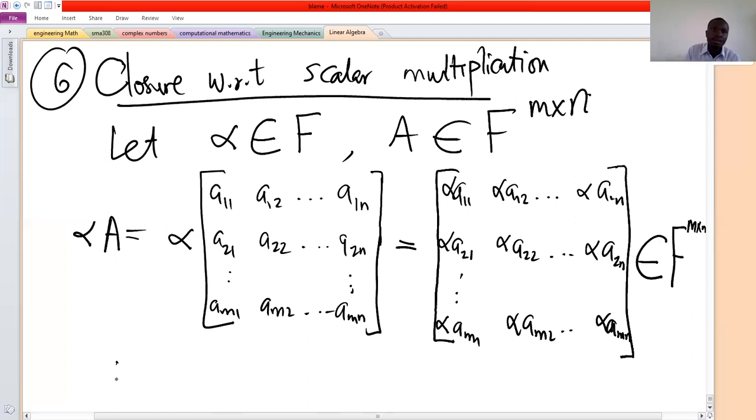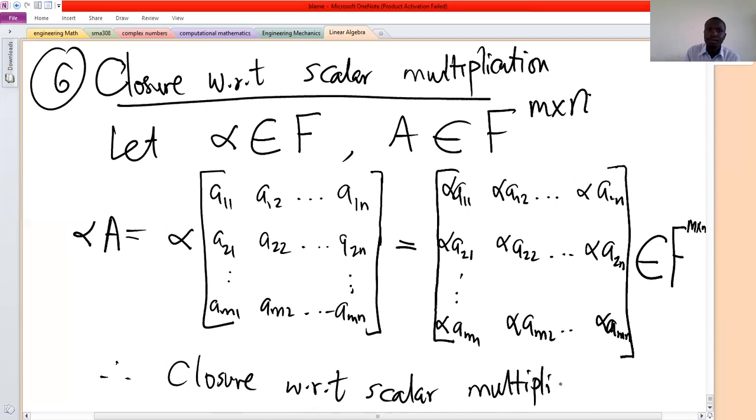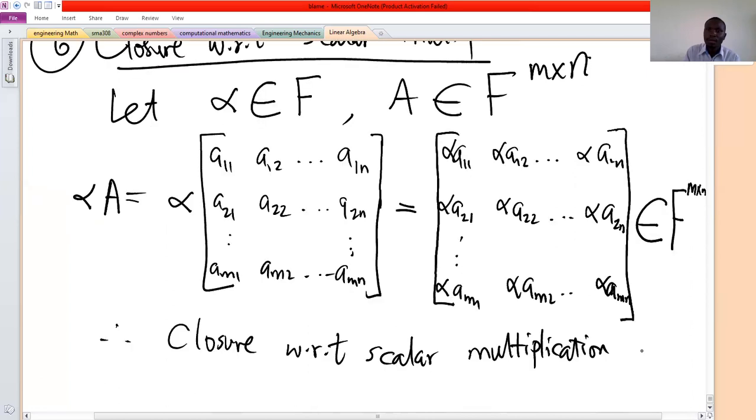So therefore, closure with respect to scalar multiplication holds on this set of all m by n matrices.